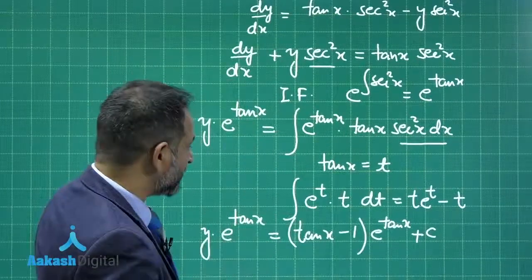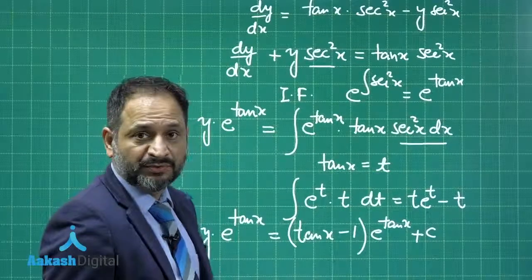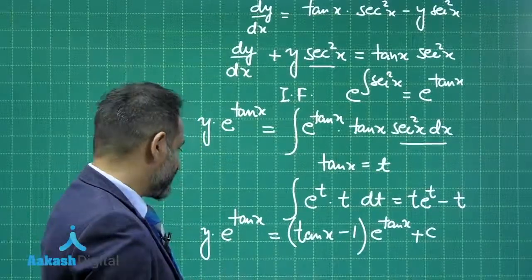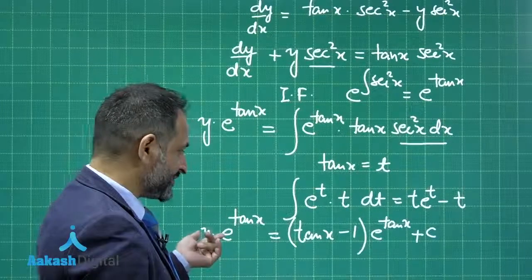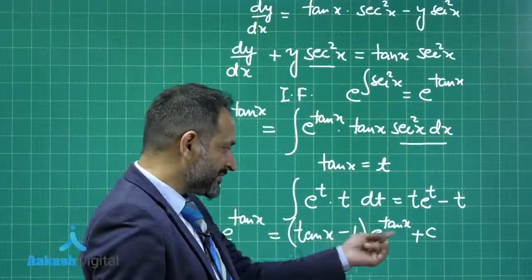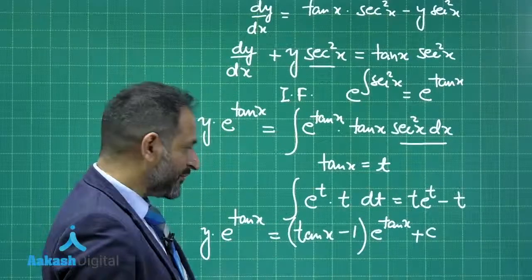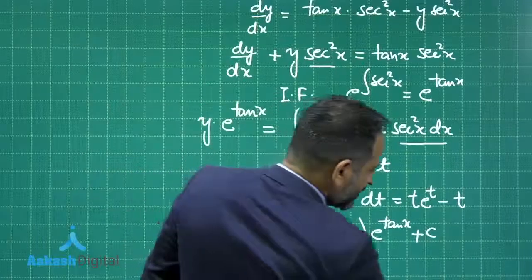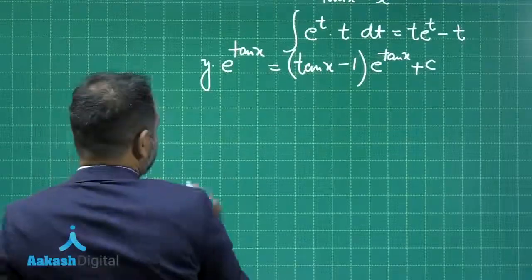Now, we need to find out the value of c. It is given that at x equal to 0, y is 0. So, by putting x equal to 0 here, you can notice y is 0. So, you can calculate the value of c from here. If you calculate the value of c, let us see what we are going to get. So, let us understand this one.